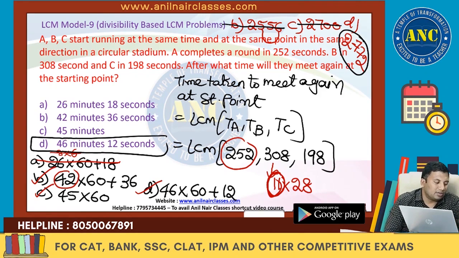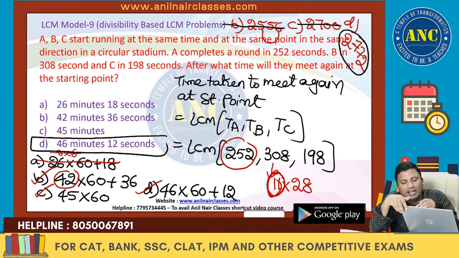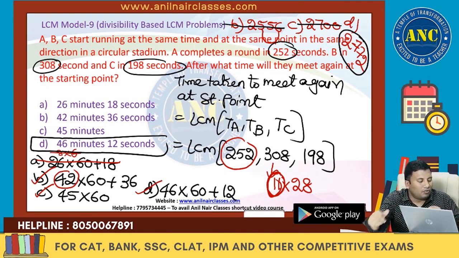Harini says, why is the answer not 0? Why will it be 0, ma? Each one is taking a different time to complete a round. When you say answer is 0, you are saying that they will not take any time to reach the starting point. Isn't it illogical?